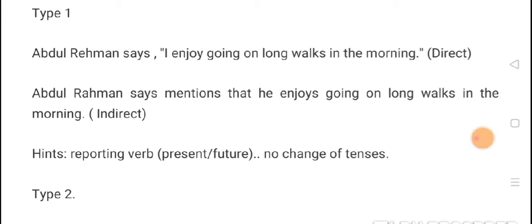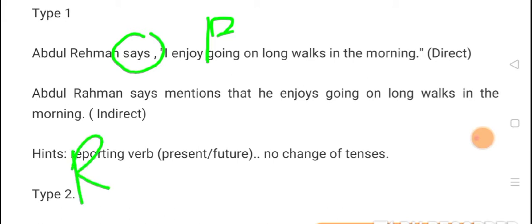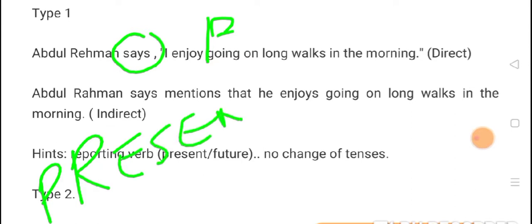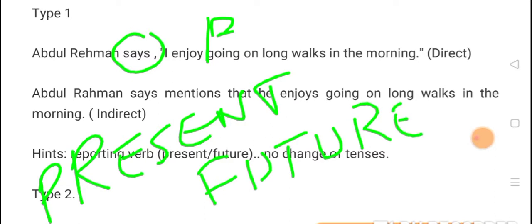The first point to remark here is the reporting verb. The reporting verb is "says," and that shows the reporting verb is in present tense. If the reporting verb is in present or future tense, we are not supposed to change the tense of the reported speech.